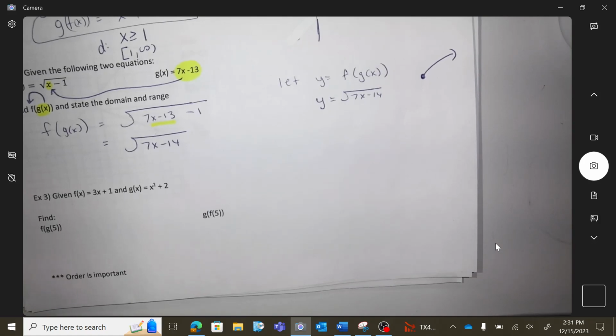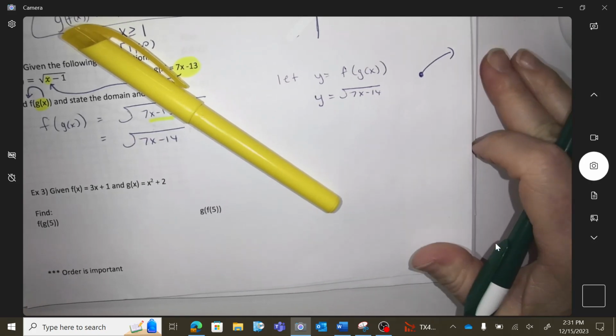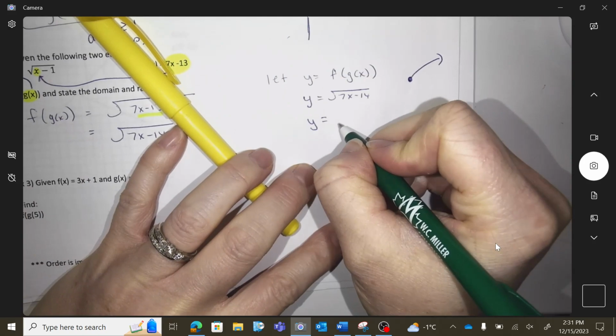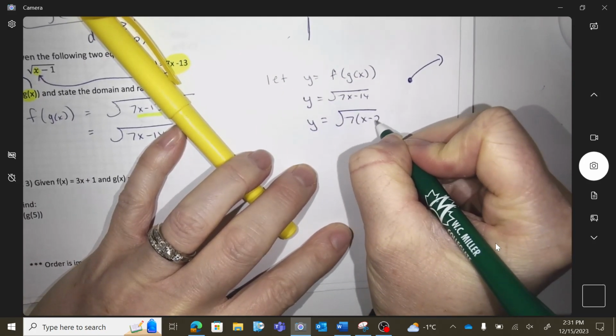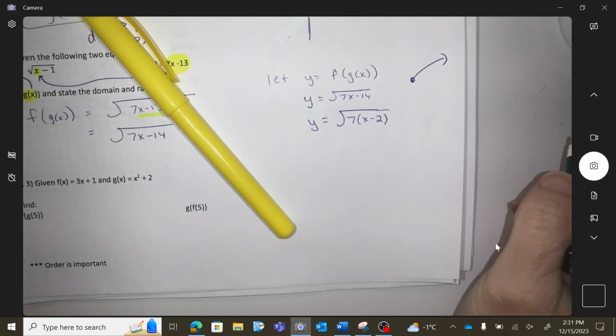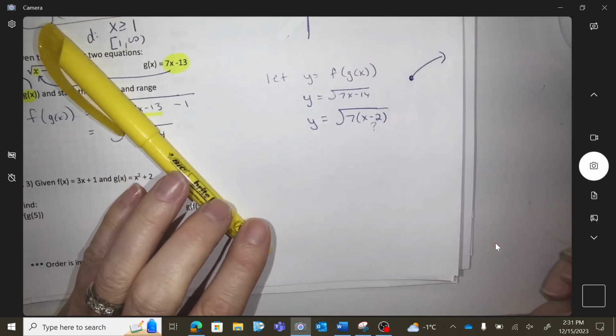What do you need to do? There it is. I need to factor that out. I need to change the format. Now, what do I know? What is this about?